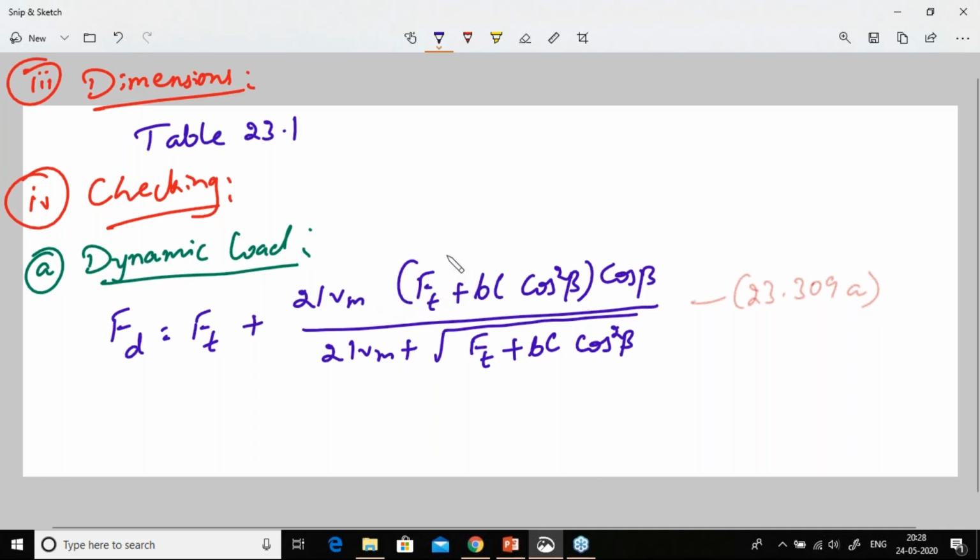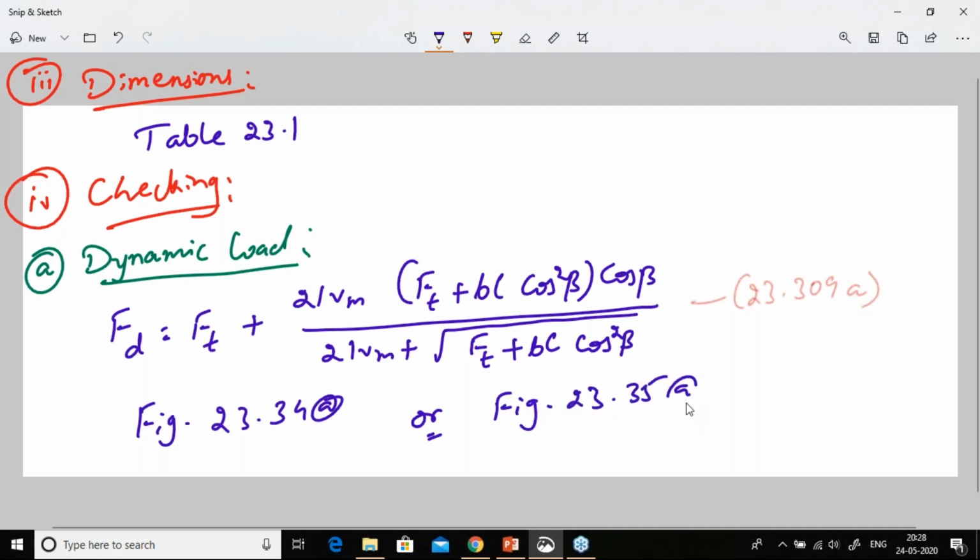Ft is the tangential tooth load, Vm will be the mean pitch line velocity, B is the face width, beta is the helix angle, and C is the coefficient. That coefficient we will get from the error, small e. Error e can be calculated with the help of either figure 23.34a or figure 23.35a. So 34a we use when we know the class of gear.